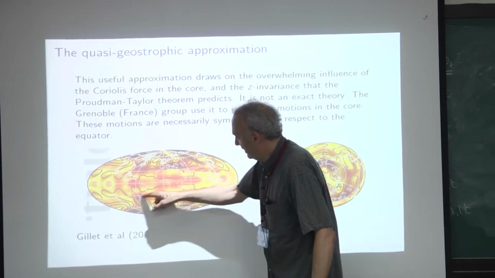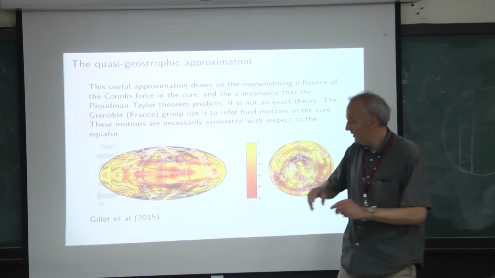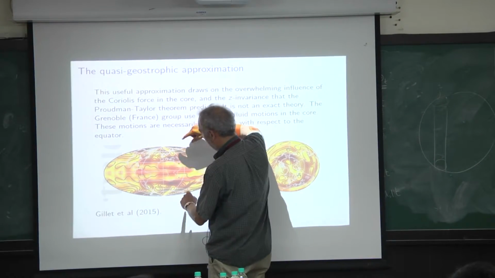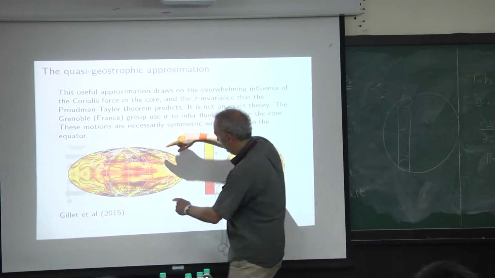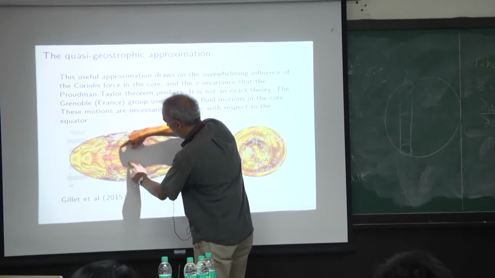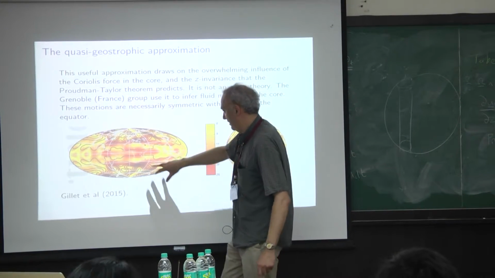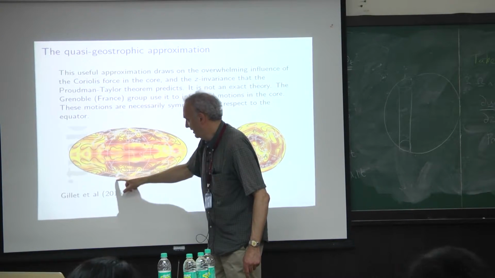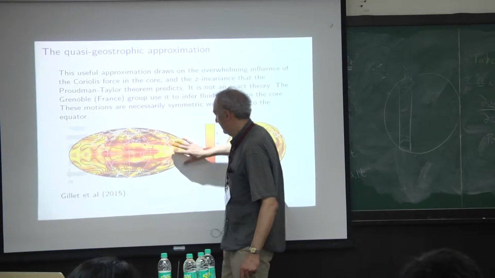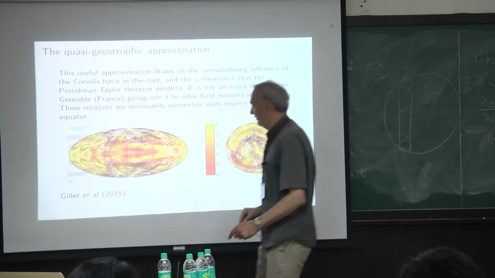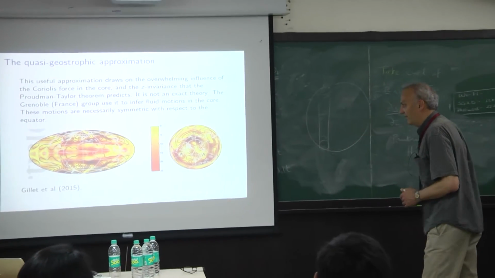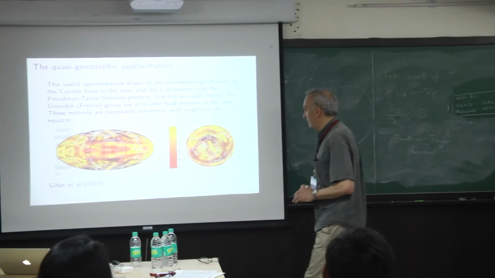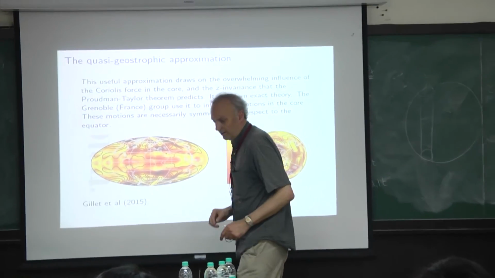Remember, I was pointing out the two gyres in the earlier model. So these are the two gyres that you see. This is the Atlantic hemisphere here. So the gyre is strong in the Atlantic hemisphere, and there's not much going on in the Pacific hemisphere. So that's their results, which are not very different from many other people's results.